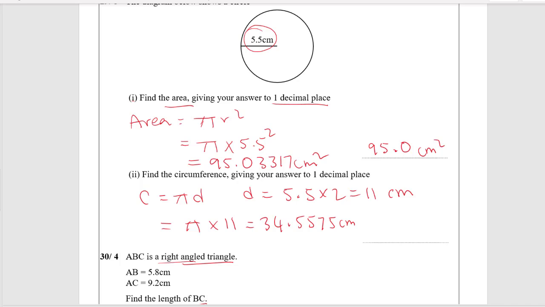Because it's circumference, it's not squared. We only find the perimeter of the circle, the length of the circumference. So 34.6 rounded to 1 decimal place. We need to add a 1 to this because it's 5 or over. So 1 number after the decimal, 34.6 centimeters. And that's the answer.